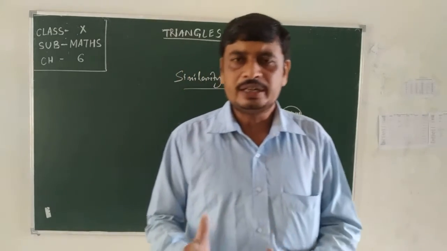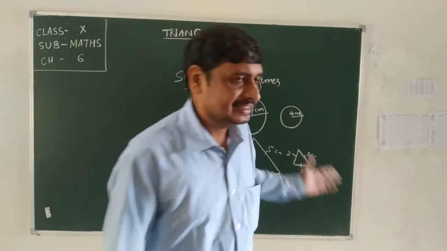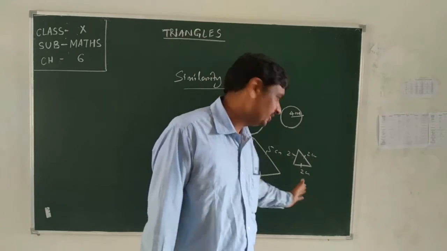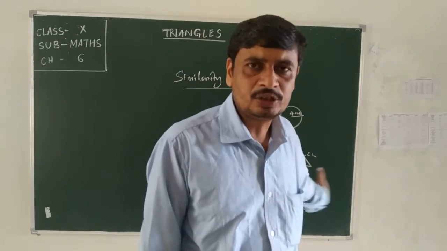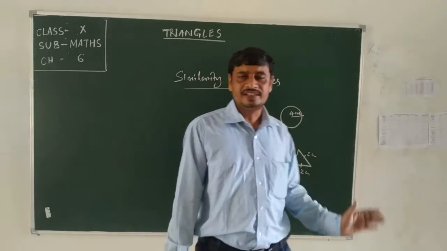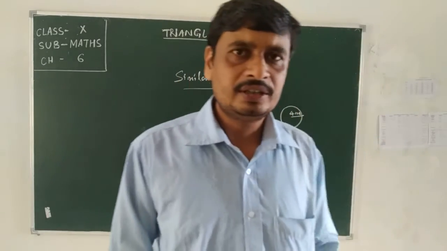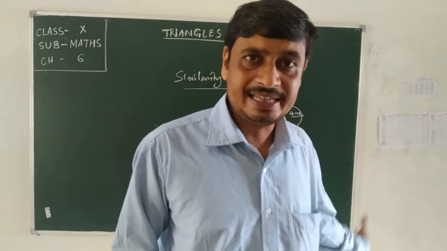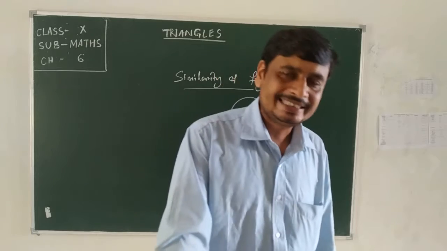So they will look the same. Their shapes are equal, but the magnitudes of their sides are different. That's why their sizes are different, but they appear the same. The shapes are the same. Such types of figures are called similar figures.